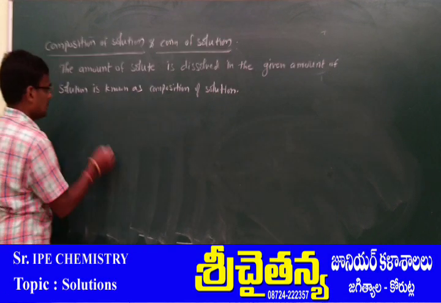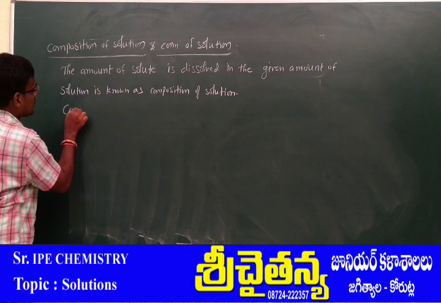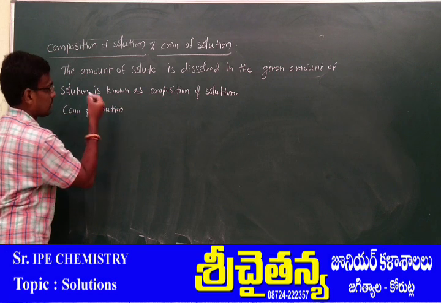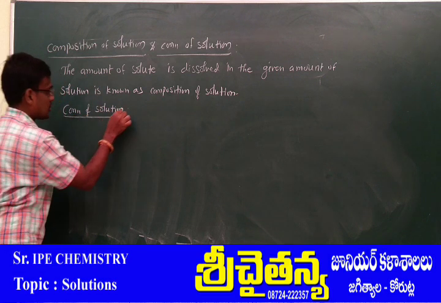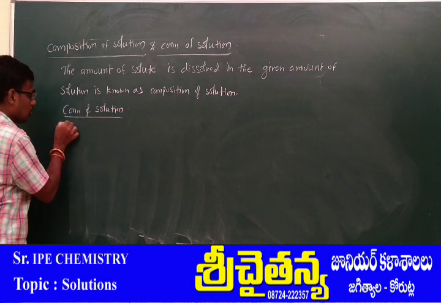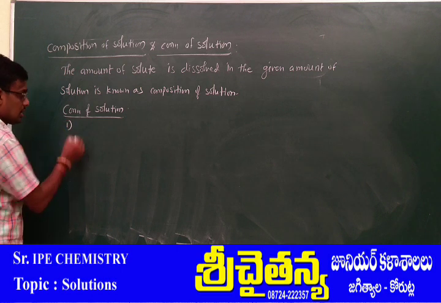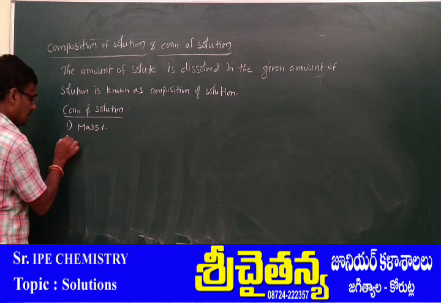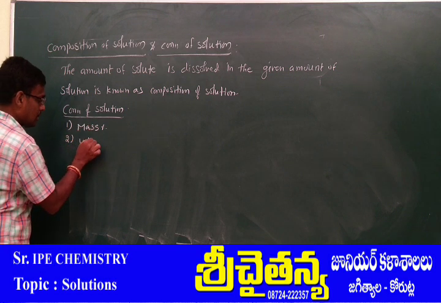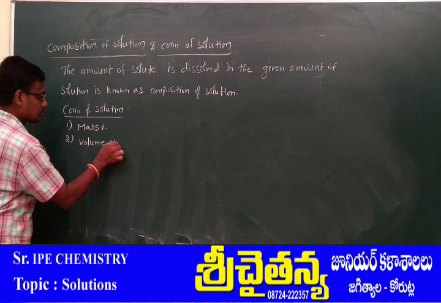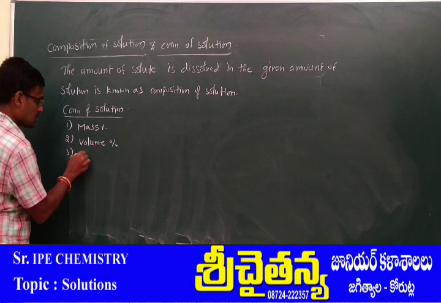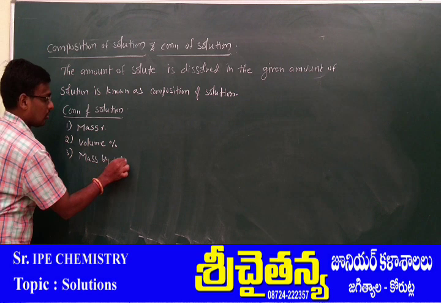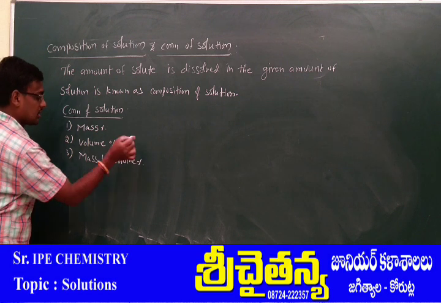Concentration of solution can be explained by different methods. One is mass percent. Second is volume percent. Third is mass by volume percent.